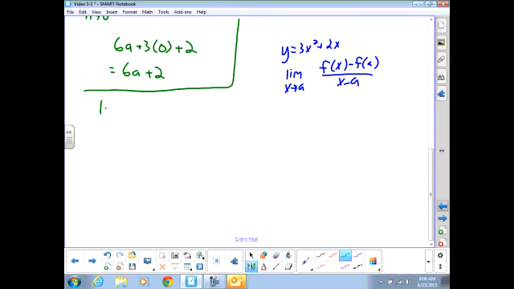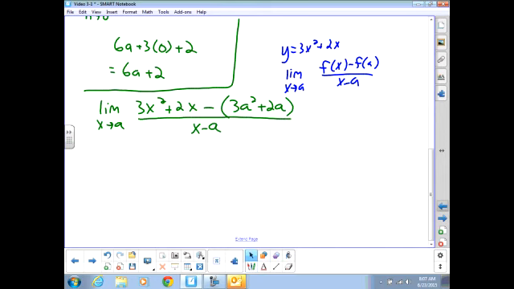So we'll start with the limit as x approaches a of f of x, which is just our original function, 3x squared plus 2x, minus, remember to put in a parenthesis, f of a, so we'll replace all the x's with a's, 3a squared plus 2a. And that is all over x minus a.